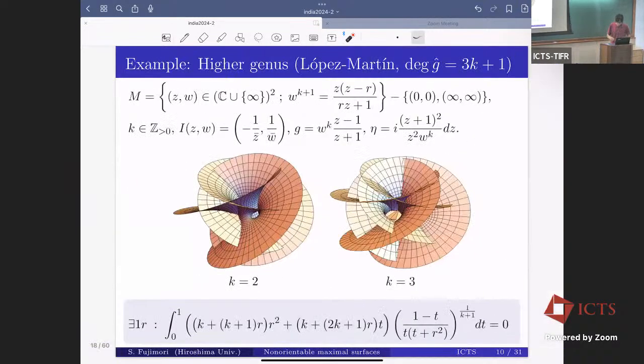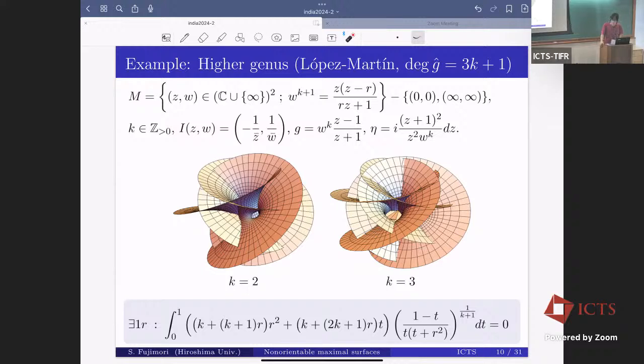And later, Lopez and Martin, Francisco Lopez and Francisco Martin, succeeded in generalizing to higher genus. So for each K, the double cover is a Riemann surface of genus K. And then we set the Gauss map G and eta this way.